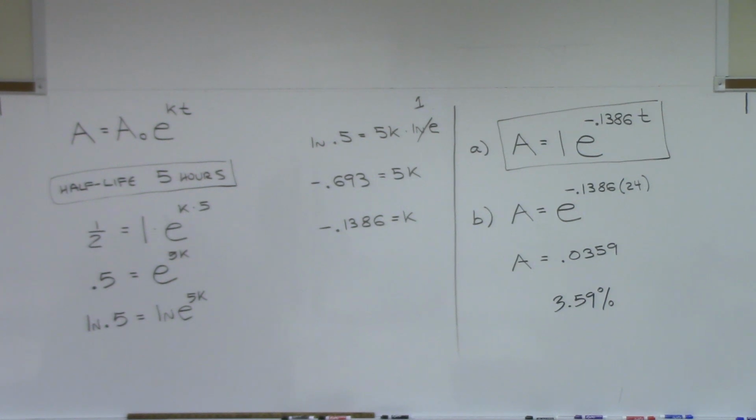So you need to start over. Your calculator's tricky, so here's what you're going to have to do. Do 0.1386 times 24 on your calculator first.